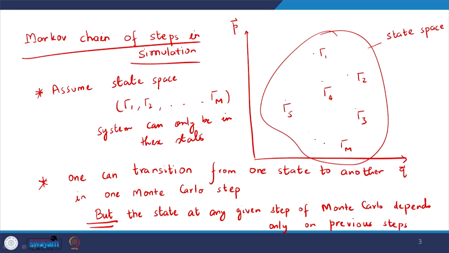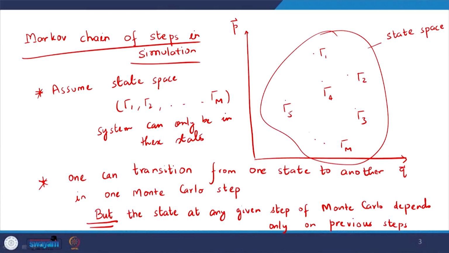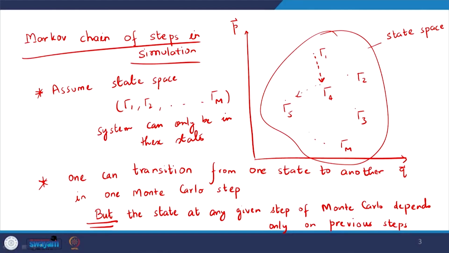Just to give you one example, right. So, let us say in one Monte Carlo step, I transition from gamma 1 to gamma 4, and this may happen with certain probabilities, we will get to that. Now, from gamma 4, I can go pretty much anywhere in the next step.